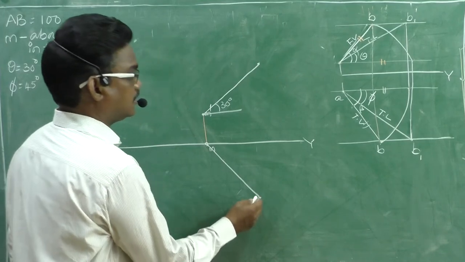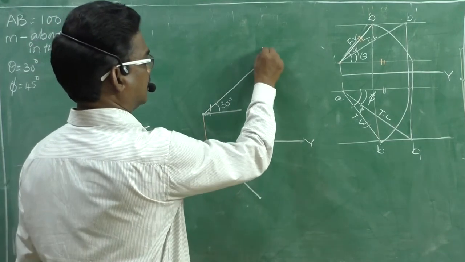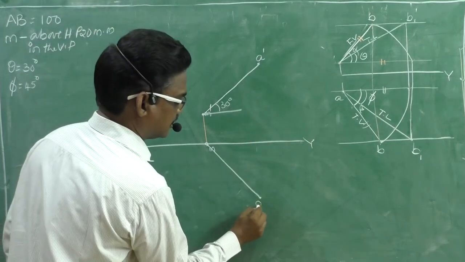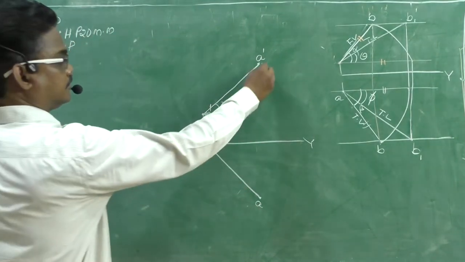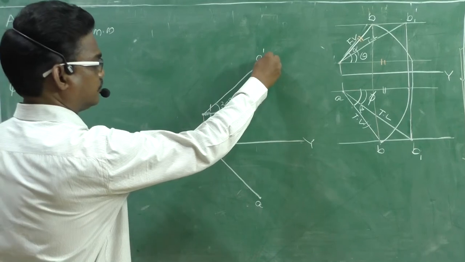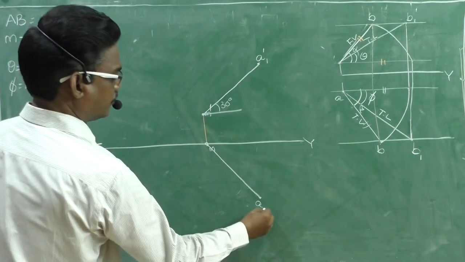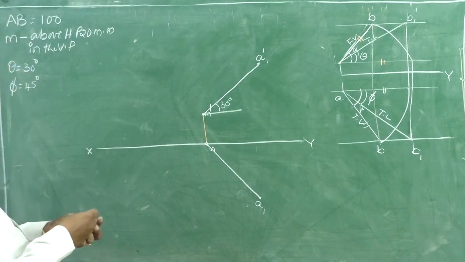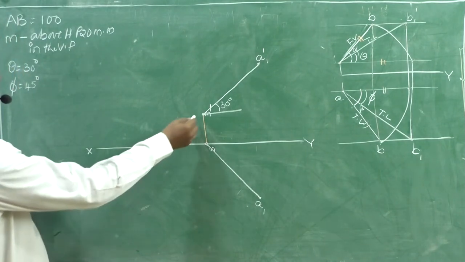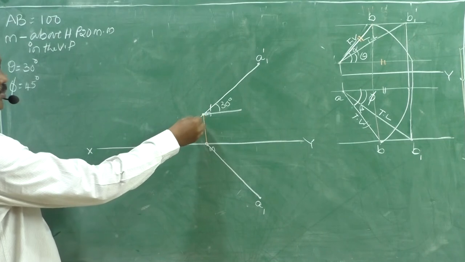Let it be A dash, this is A. Here, this is not the final position, therefore A1 dash, this is A1. Okay, right. Next, extend this line for the remaining 50 mm.